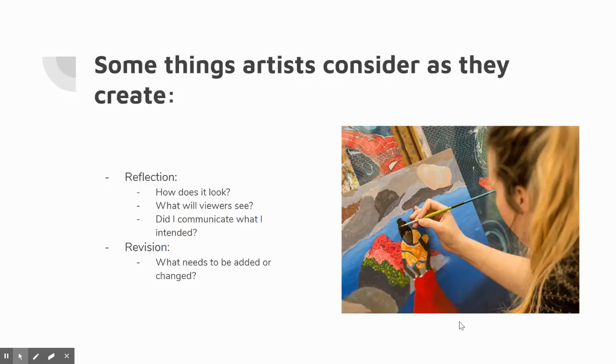Well, that's an example of that artist using reflection and revision during the creation of his artwork. He realized that the vase maybe made the painting look too busy, so he decided to take it out. That's okay. The first thing that you draw doesn't have to be what ends up in your final painting. We always have the freedom to improve our artworks as we're making them.